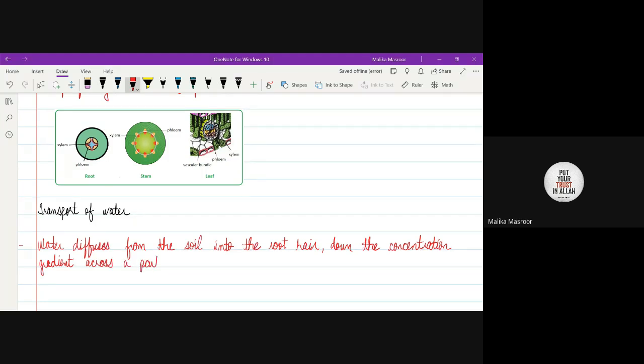That is the cell surface membrane of the root hair cell.